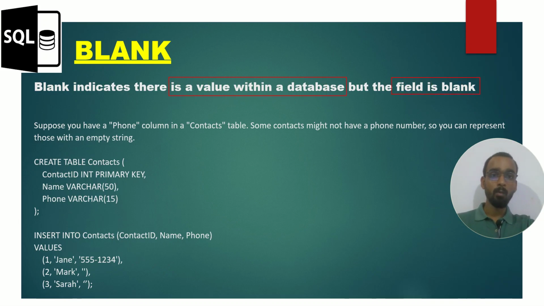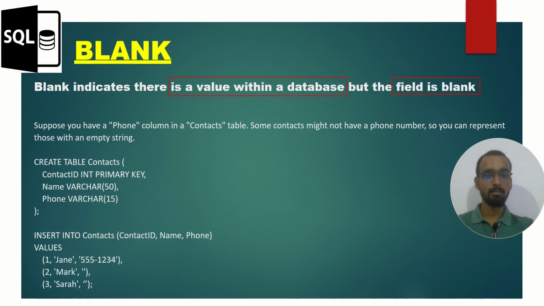Getting my point? When we run this particular contact table in our database, you can figure out what exactly the difference between null and blank is. I hope till now it is clear to you what blank says. It has a value but it is not present till now.